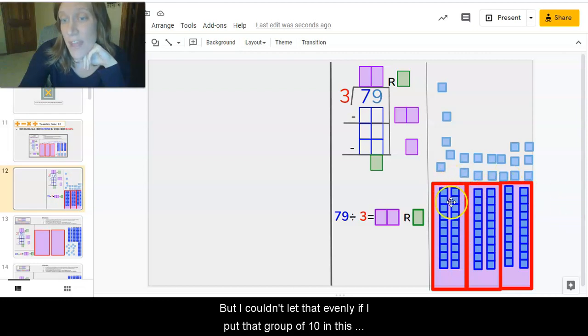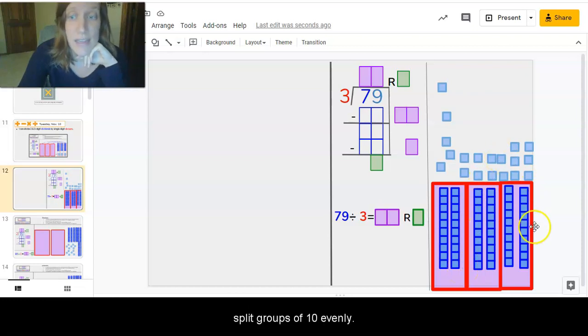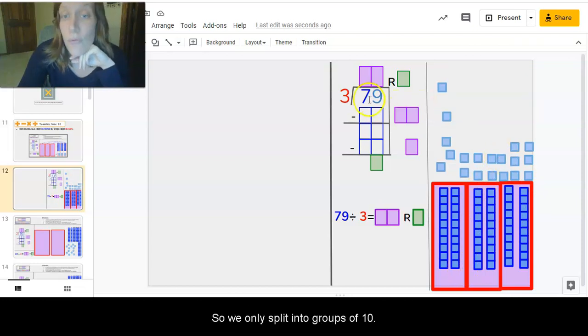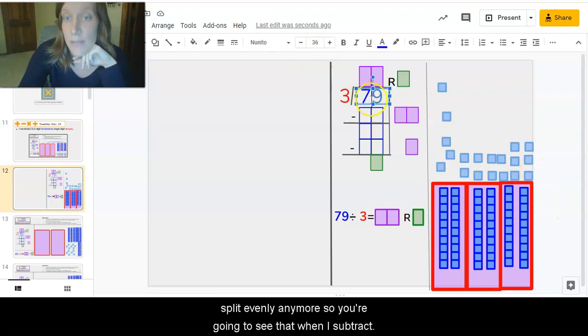If I put that group of 10 in this first rectangle, in this first box, I would not have enough to split groups of 10 evenly. So we only split into groups of 10 until we get too close to this number here so that we can't split evenly anymore. So you're going to see that when I subtract here, you're going to see a little bit better what I mean.